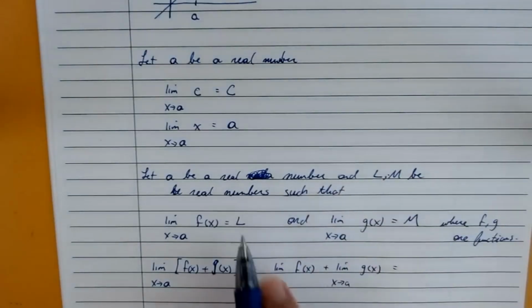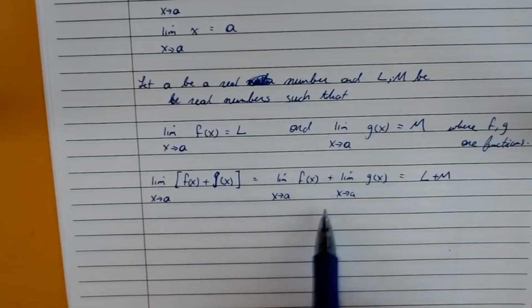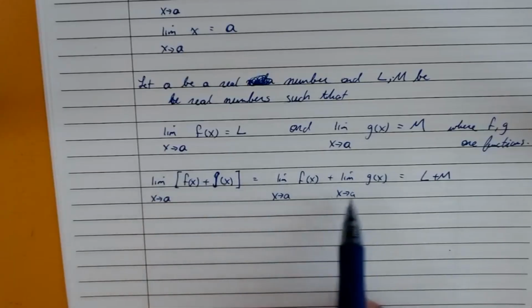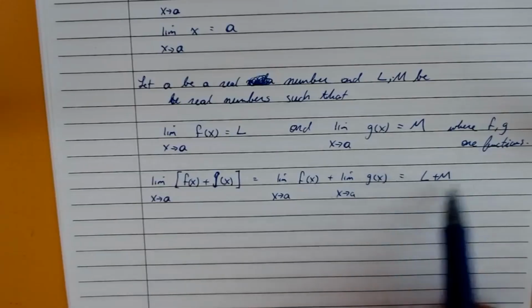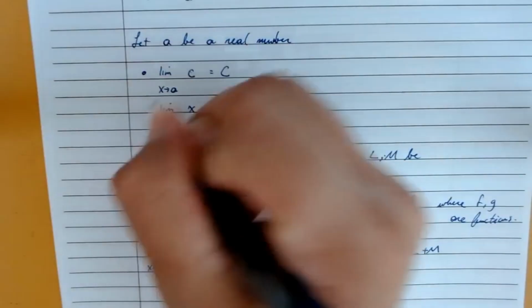Or in other words, it's equal to L plus M. What this is saying is if you have the limit of a sum, that's the same as the sum of the limits. So I can either add together and then take a limit, or I can take limits and then add the answers together. And either way, I get the exact same result.